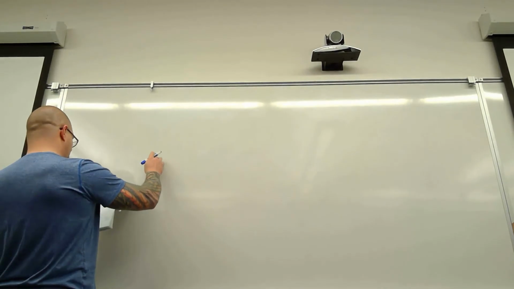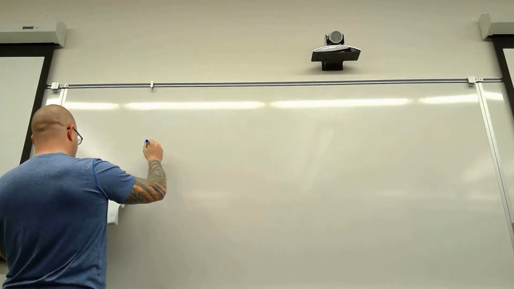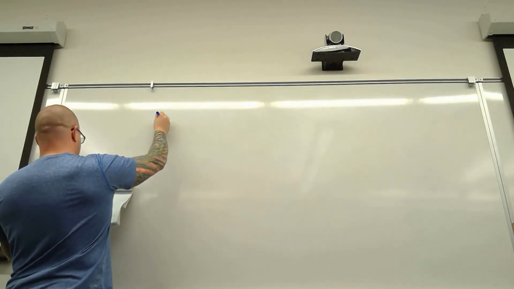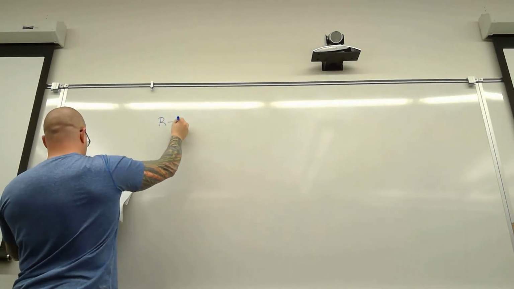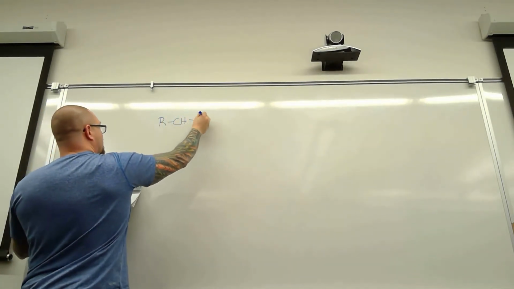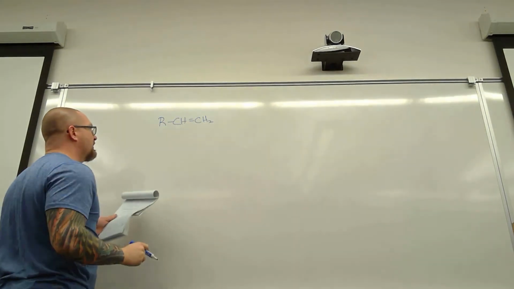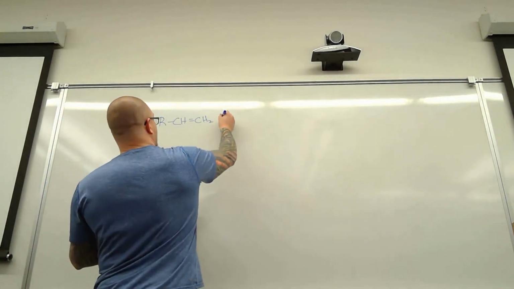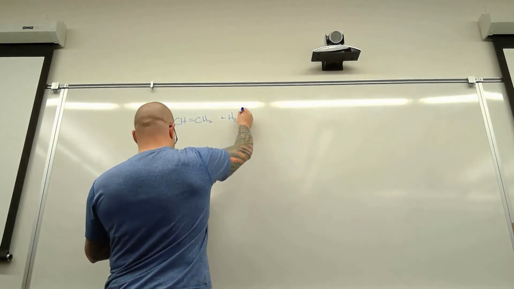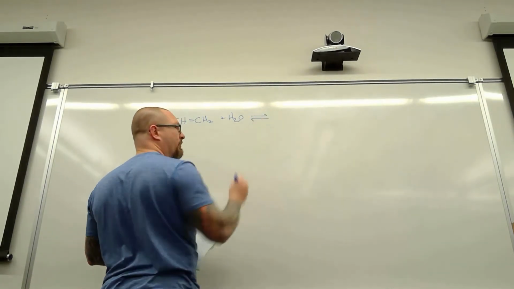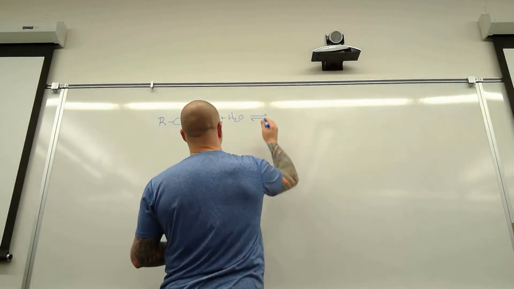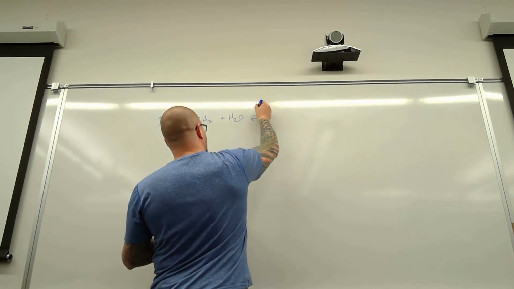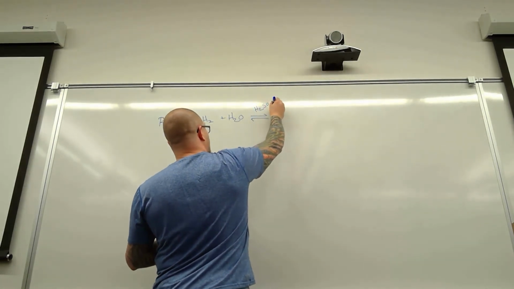So in this particular case, let's say we have some general terminal alkene, and we've got water, and this is going to be a reversible reaction because all the steps are reversible, and we put in a little bit of sulfuric acid.